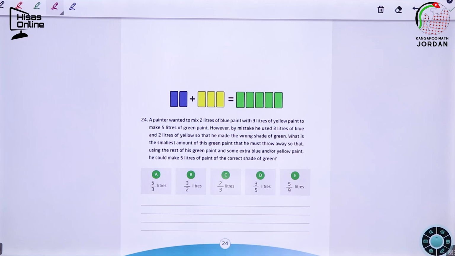Okay, the question says, a painter wanted to mix 2 liters of blue paint with 3 liters of yellow paint to make 5 liters of green paint. However, by mistake, he used 3 liters of blue and 2 liters of yellow, so that he made the wrong shade of green. So he added 1 more of the blue and cut 1 of the yellows.